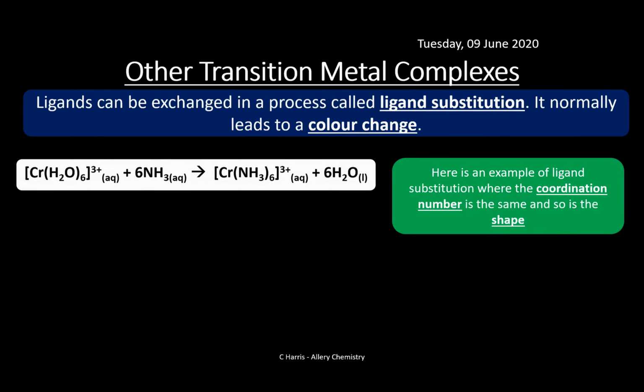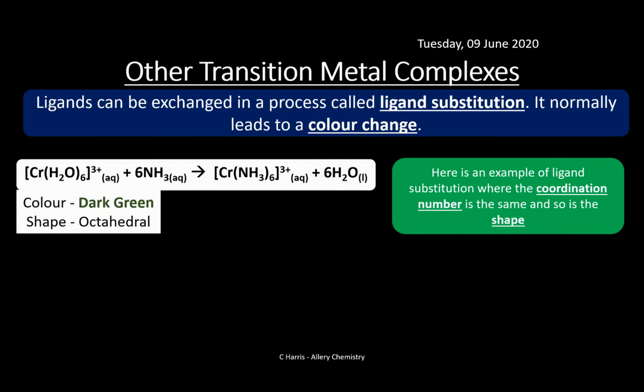So here is an example of ligand substitution where the coordination number is the same, and so the shape is the same as well. You can see here that we have chromium in this case with 6 water ligands surrounding it. We add 6 ammonias, and we're going to get a complete ligand substitution here. So all the water ligands are being substituted for ammonia, and we get our 6 water ligands removed.